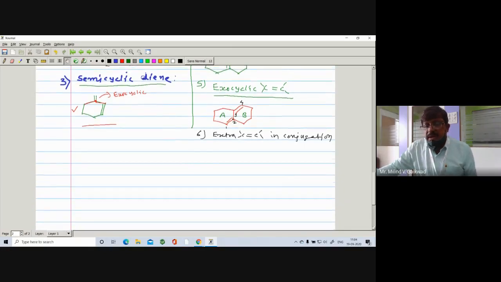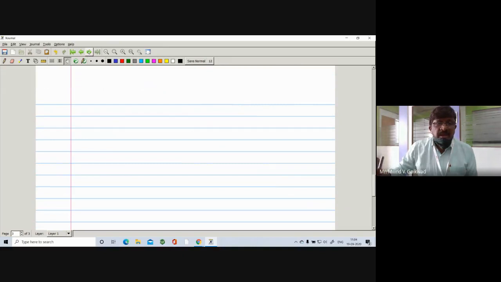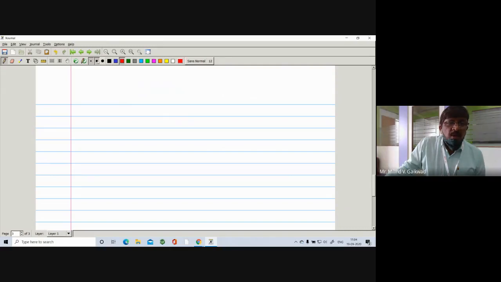So here we have seen the basic concept. Now we'll see how to find the lambda max. For this you should know some rules, and those rules are called the Woodward-Fieser rules.